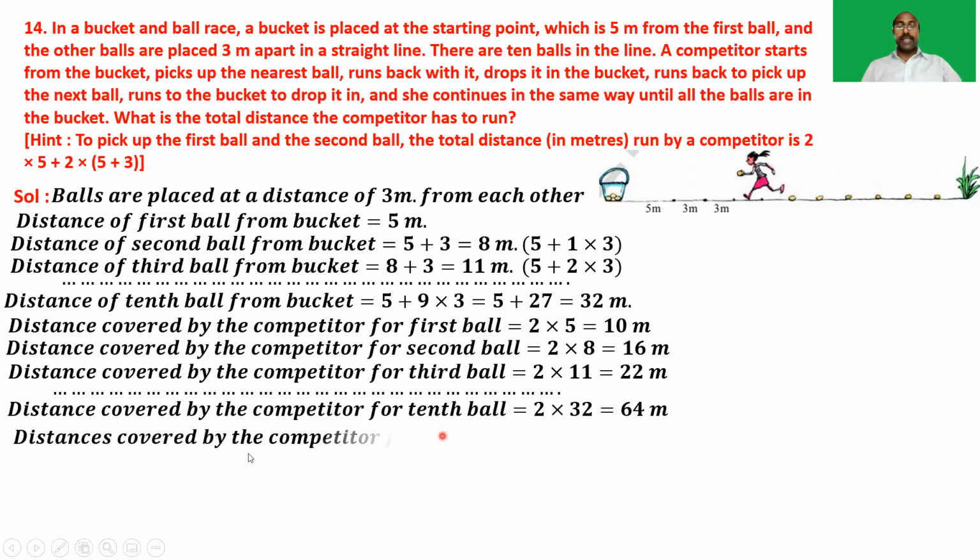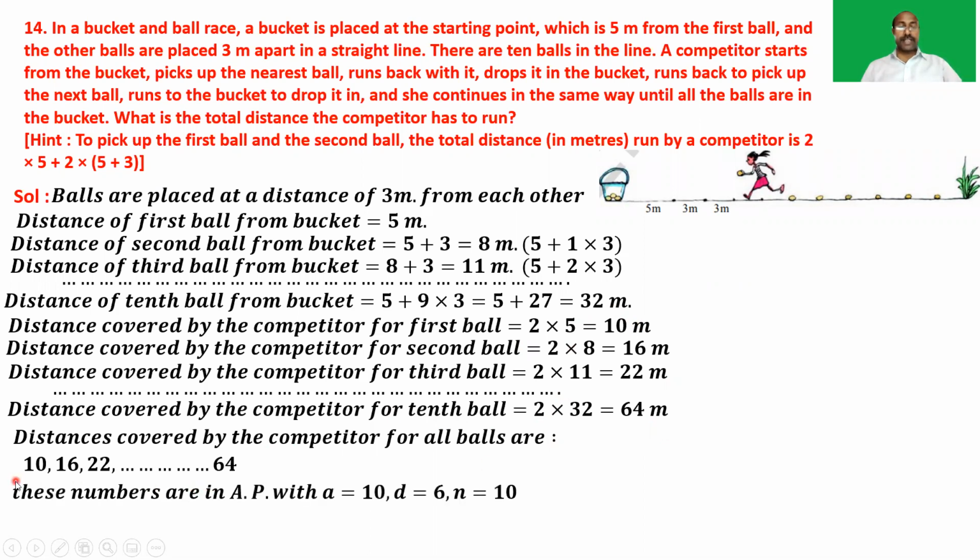Now, the distances covered by the competitor for all balls are 10 meters, 16 meters, 22 meters, like that up to 64 meters. So we can observe that these numbers are in AP with first term a equal to 10, common difference d equal to a2 minus a1, that is 16 minus 10, which is 6. And there are 10 balls, so the number of terms n is 10.